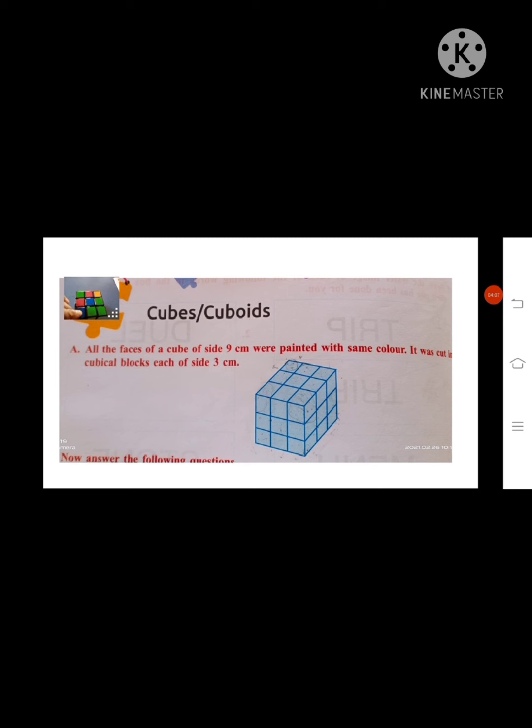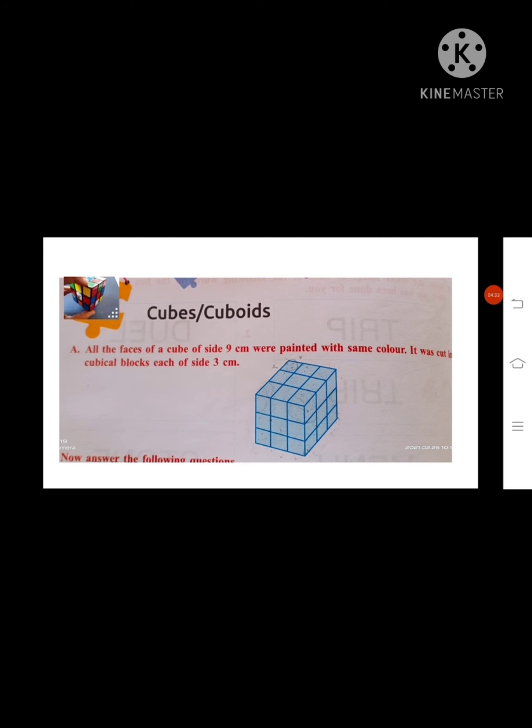If we imagine that this side is 3 cm, then this is a cubical block. This is a block. We can see this is also a block.